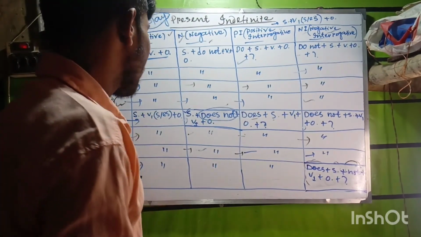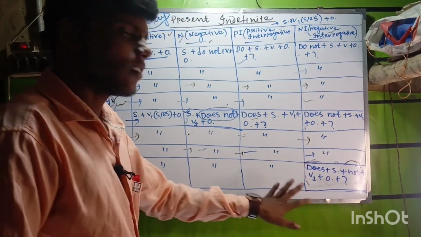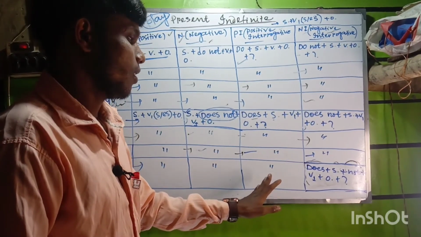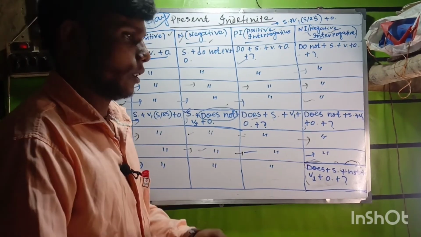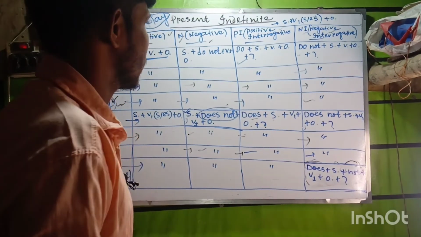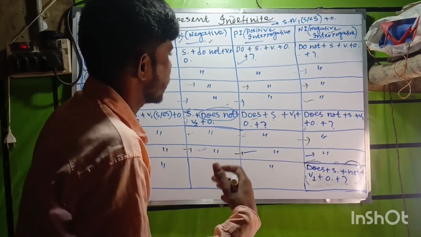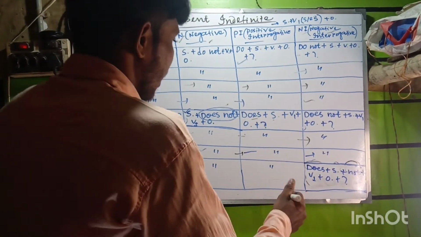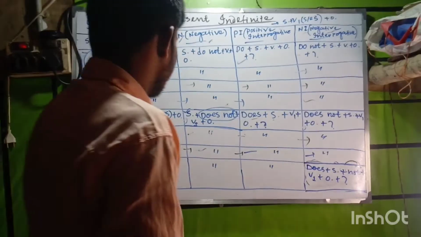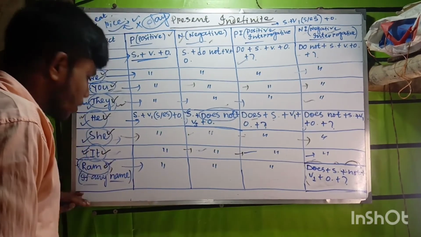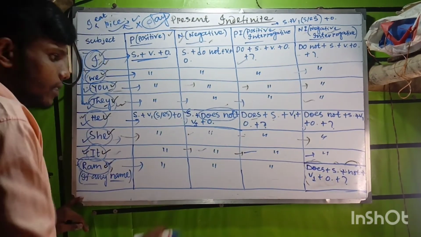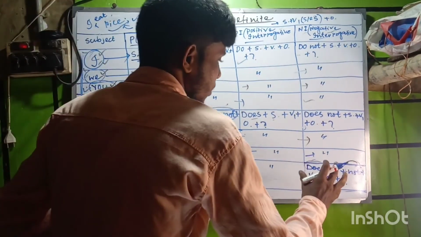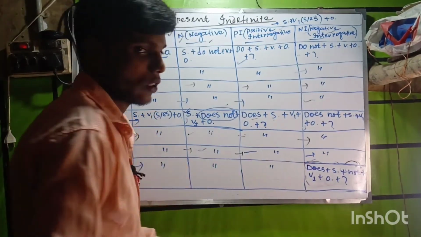Positive interrogative. Does Ram play? If I extend, or if you also extend this sentence, does Ram play chess? And the next, the structure is same, but there is one structure that is different from the others. Why?